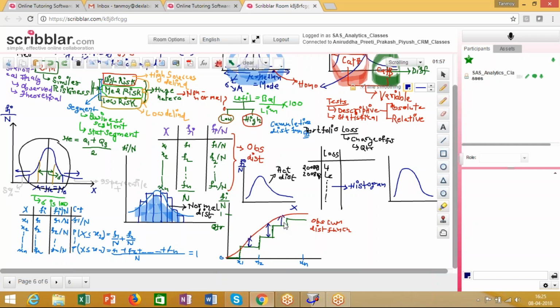How would we know that? If this difference is significant, then we can say that the observed distribution does not approximate the theoretical distribution, which in this case is the normal distribution.